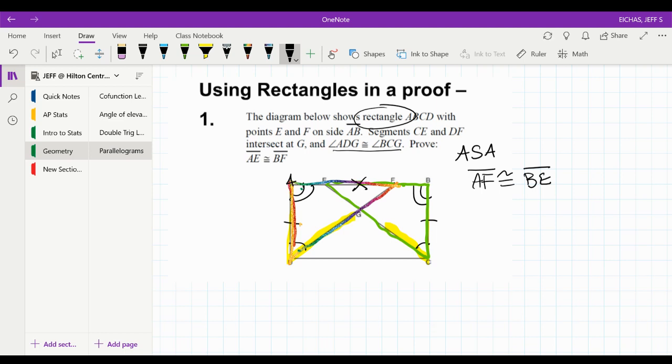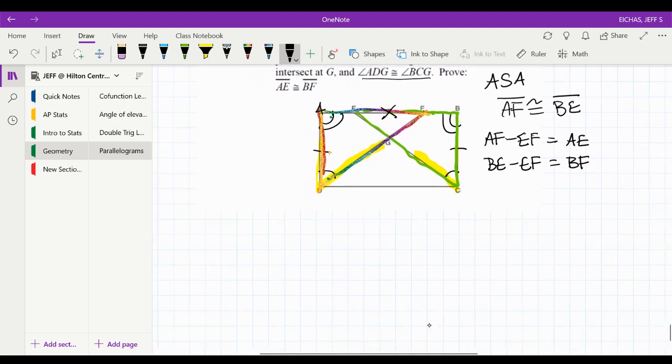And then basically we're going to cut EF out of AF, and that's going to leave us with A to E. Let's see, if we take BE and take away EF, we're left with BF. That's the segment subtraction postulate. That's something we'll get into in more detail in a minute, but that's our overall plan, and we're going to piece it together right now.